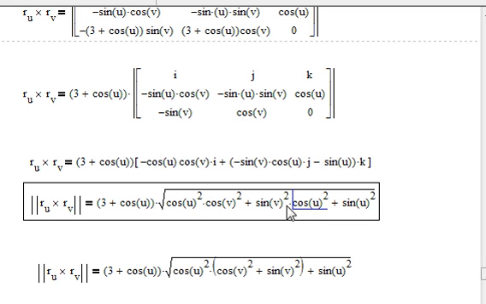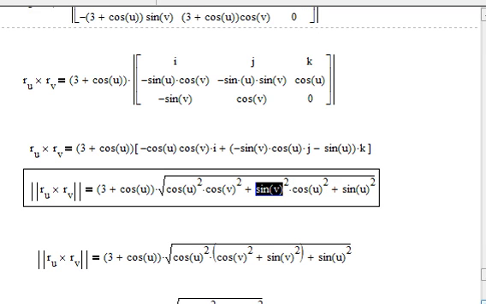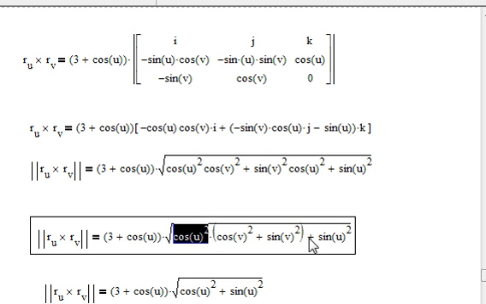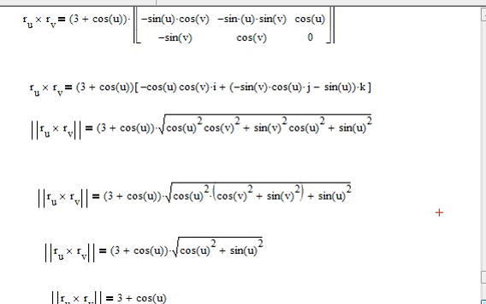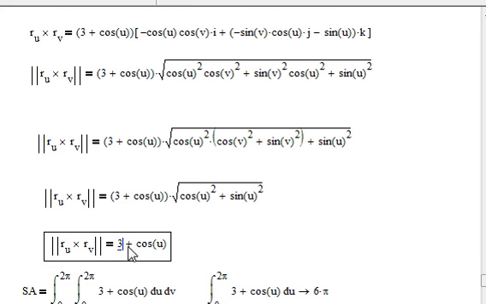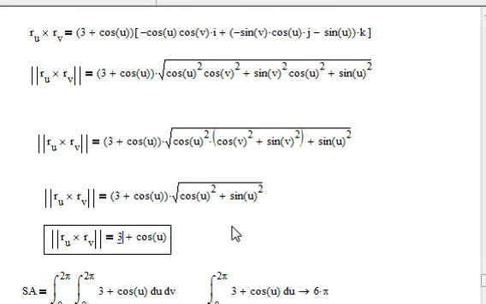So factor that out of these two terms, and we get cosine squared of u times cosine squared of v plus sine squared of v, which is just 1. And then that cosine squared of u and this sine squared of u come out to be another 1. So after all that, the length of that vector is, hallelujah, 3 plus cosine of u.